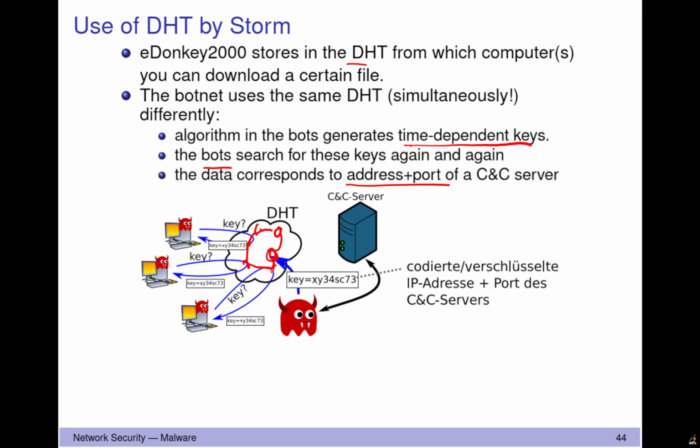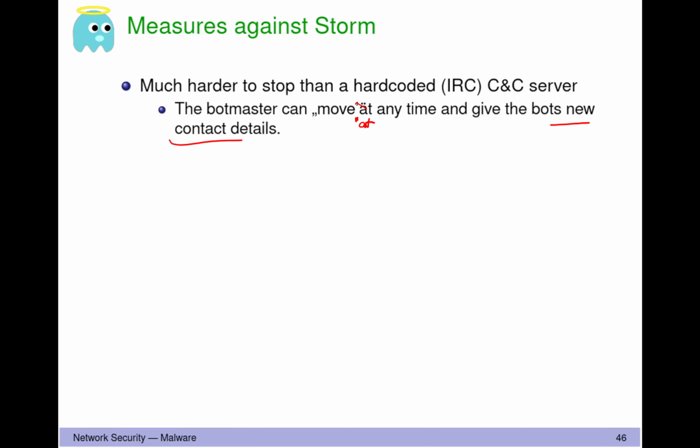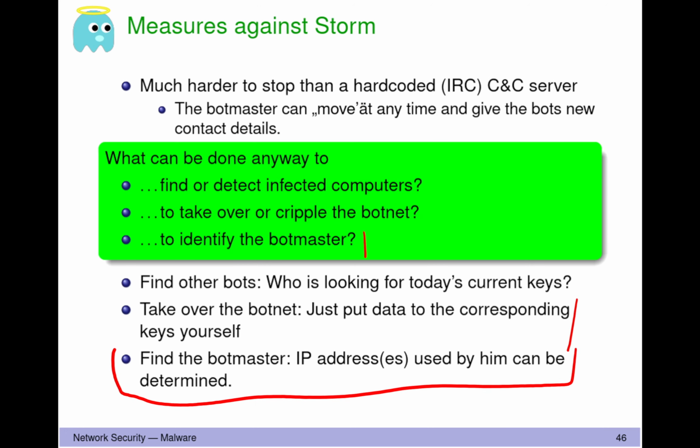If you're able to predict at what address these machines will communicate, where they will place their data, you could try to get this position so that you identify who will reach out to you to get the IP address, and then follow up through the internet service provider who's in charge of this IP address at this time, who was using his internet for that. So with some effort you can find out the IP address of the bot master, but of course if it's international then it's more difficult to get a hand on that person.